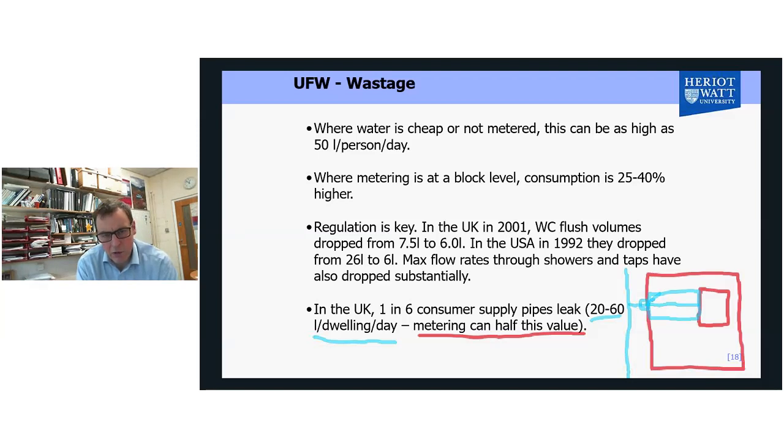So it is a complicated issue, but ultimately metering supply should reduce demand, and that reduces all the energy we invest in treating water and pumping it around the country. So it's a good thing, but the trick is how we get it right for people who have problems paying their bill, and how we support them.